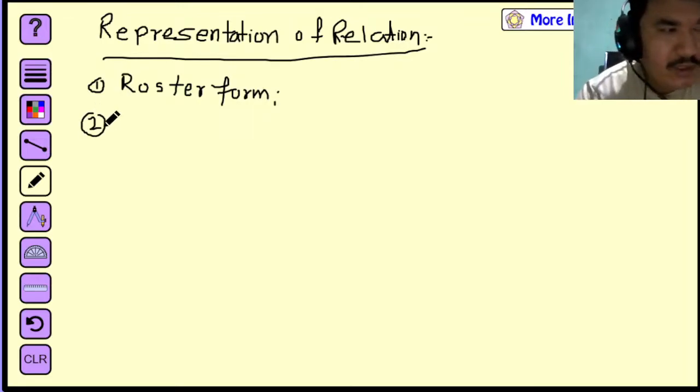Number two is the set builder method, which is also known as the description method.